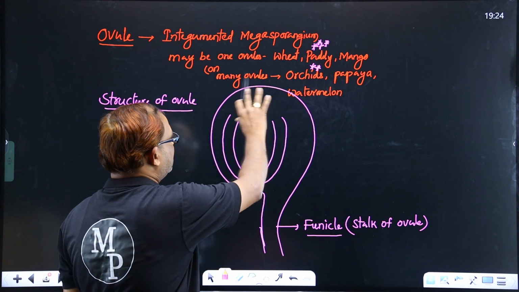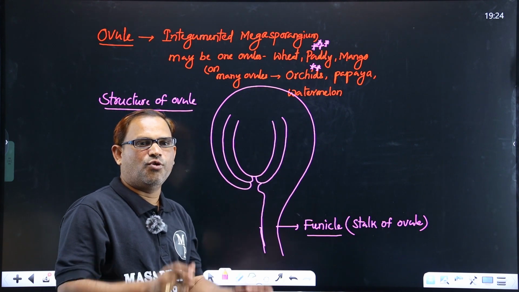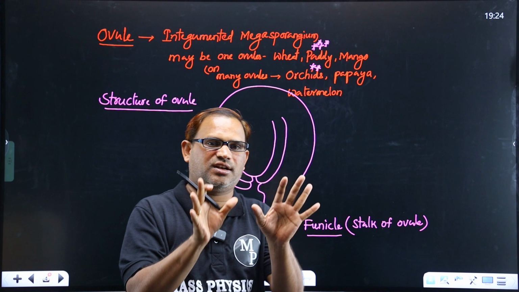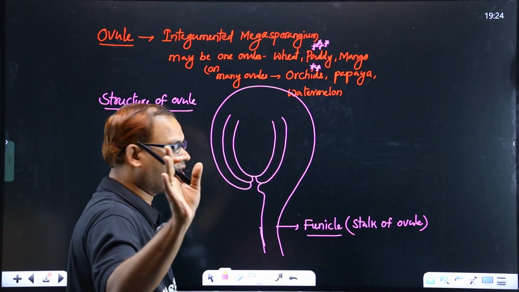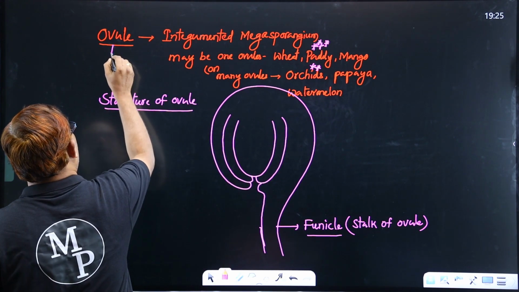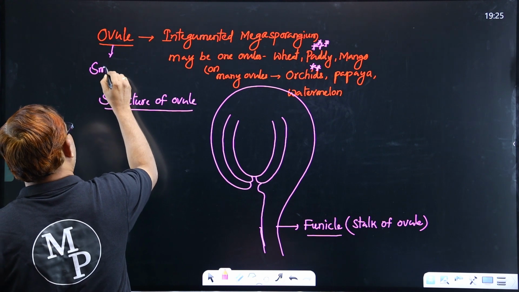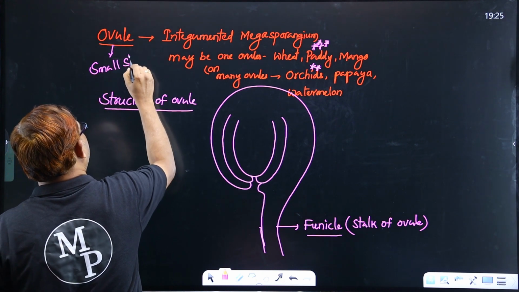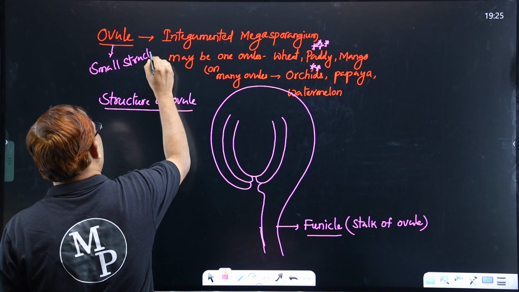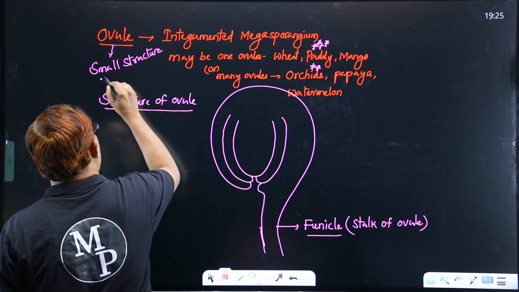Now there is a line in NCERT: ovule is a small structure, not a big structure. This is important.